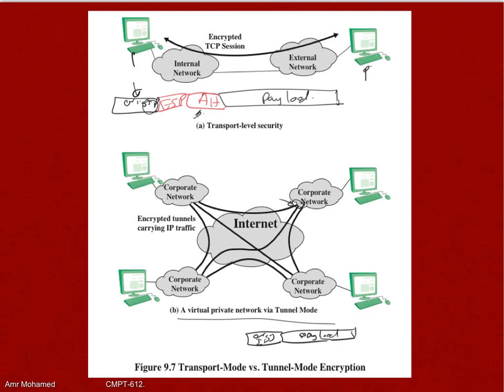Then after this, we have to add the ESP and possibly AH. The order of them, by the way, we'll talk about today. The order of them does not make a significant difference. And then we have to add the outer IP header. That outer IP header will actually maintain the IP address of the source and destination routers or firewalls, which are different from the source and destination IP addresses of the hosts who are trying to communicate. So these are the two modes.